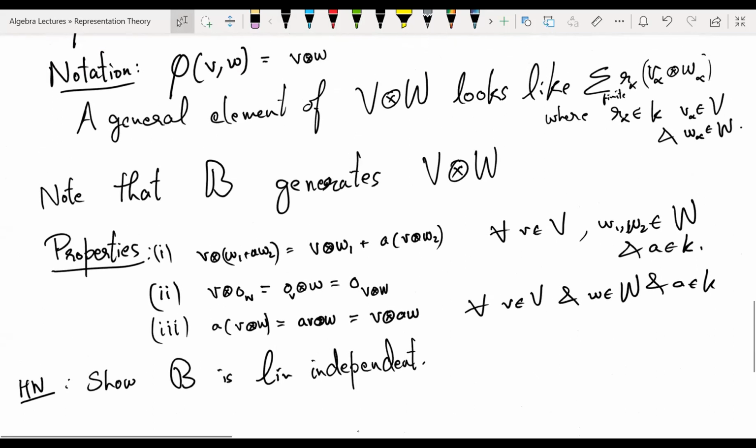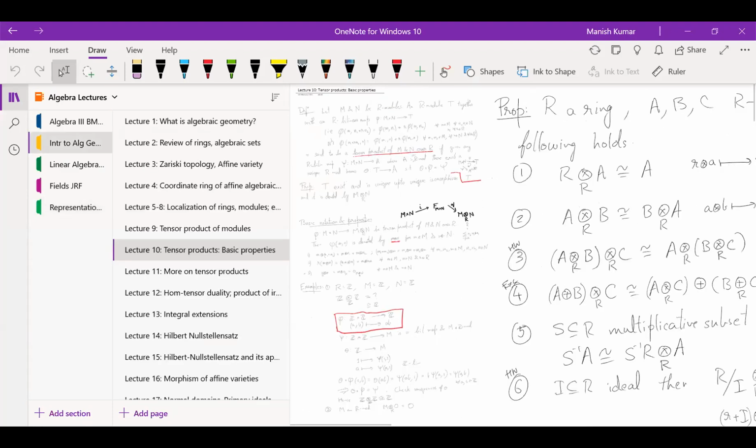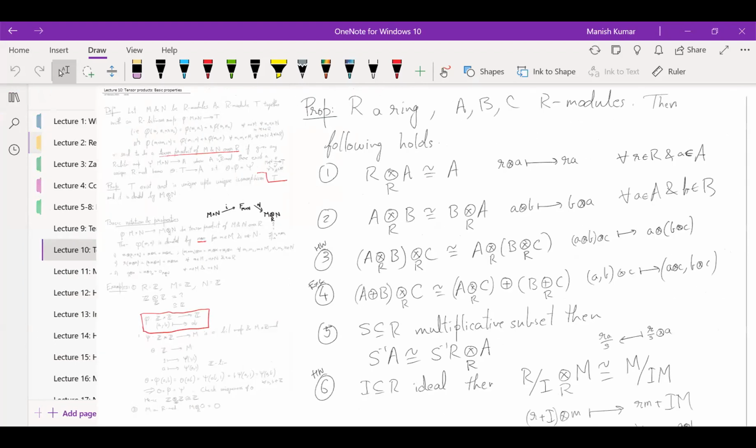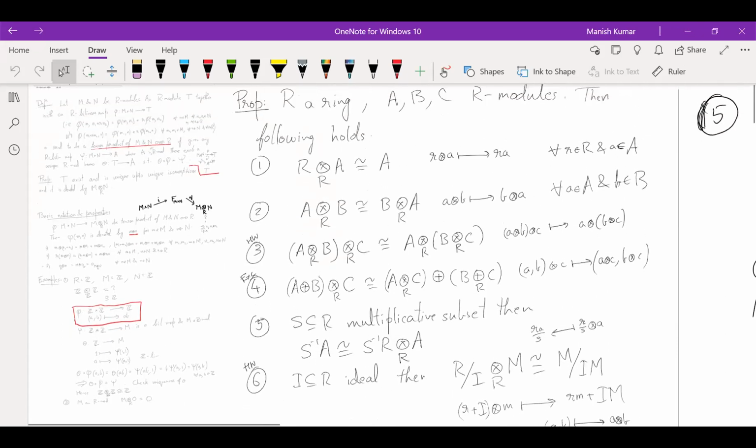Maybe I will go a little further so that you have a feel of what the tensor product is, otherwise there's no point in doing it in so much generality. I was thinking of doing the symmetric product and defining the tensor algebra, but it can wait, there's no rush.